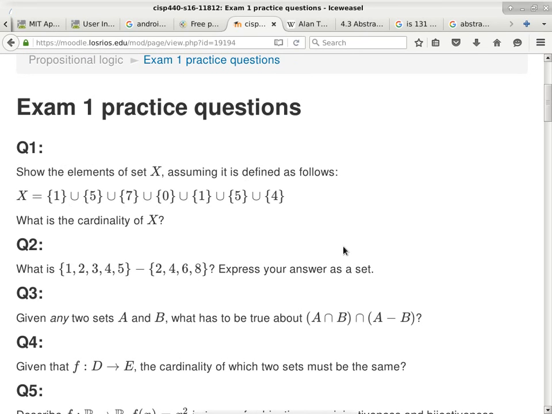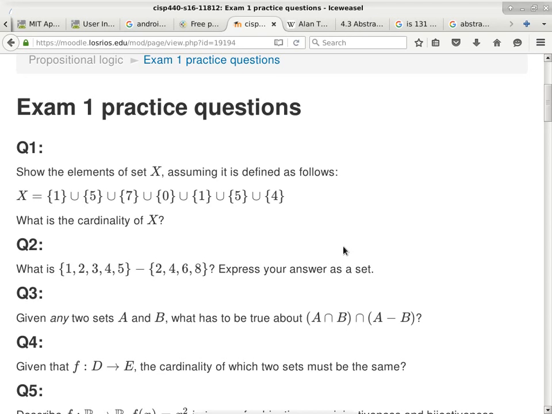Question number one is a whole lot easier than the other one, because we just have to look for the duplicate items, because the set X cannot have duplicate values. So you can see that 1 is duplicate, 5 has a duplicate, but the other ones do not have duplicates. So the final set is going to have 1, 5, 7, 0, and 4.